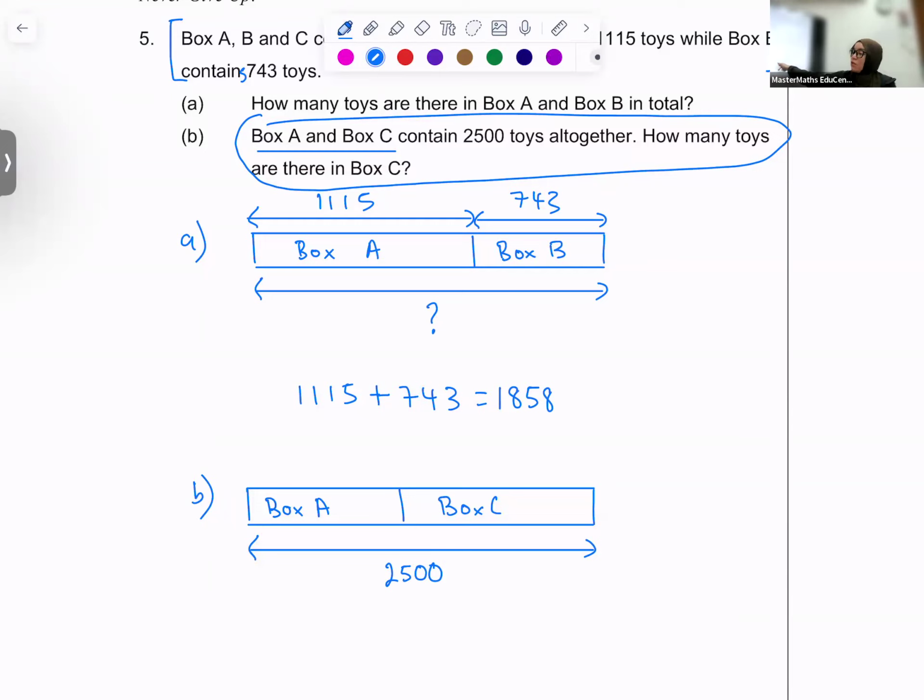Okay, let me draw this model first. Box A and box C. The total is 2,500. Thank you. Hey, are you done with the model? Yes, awesome.